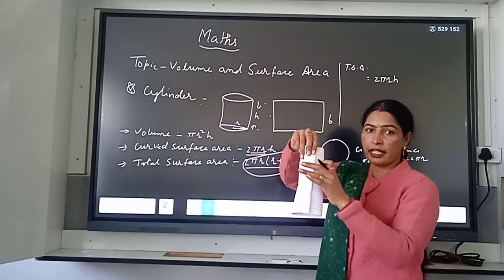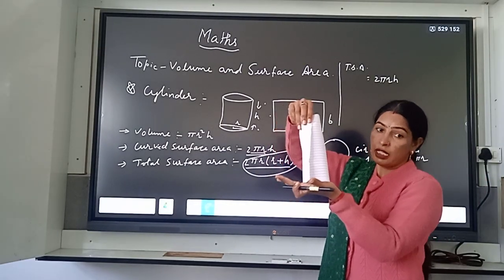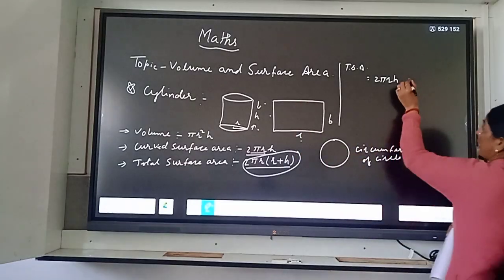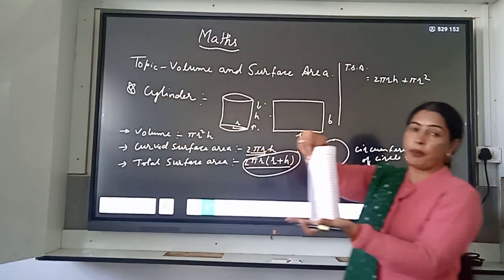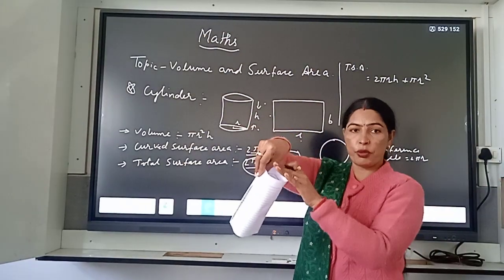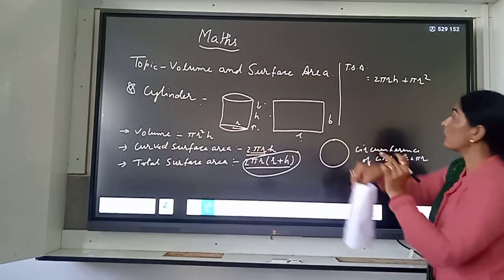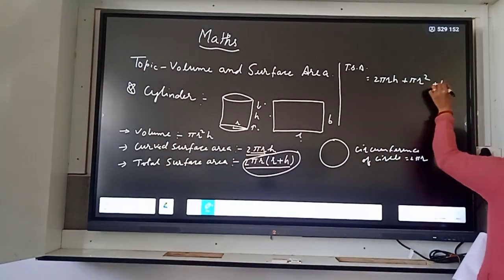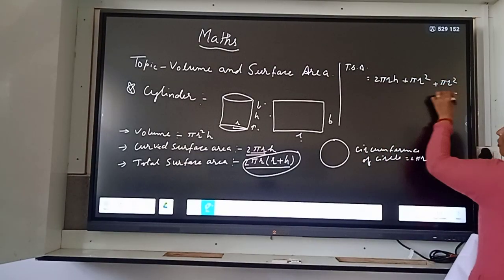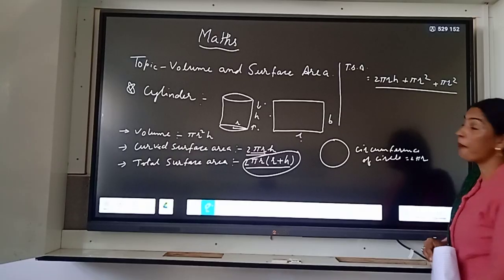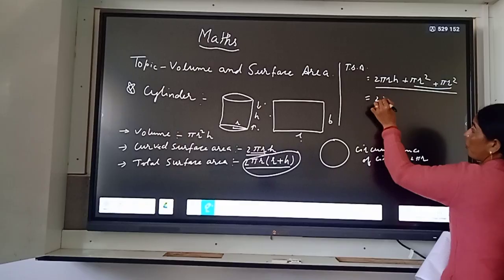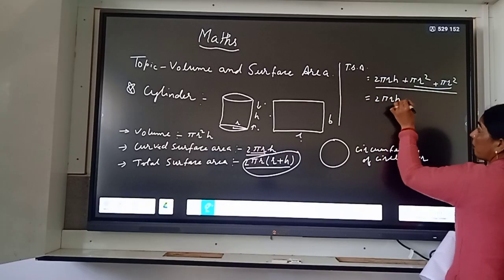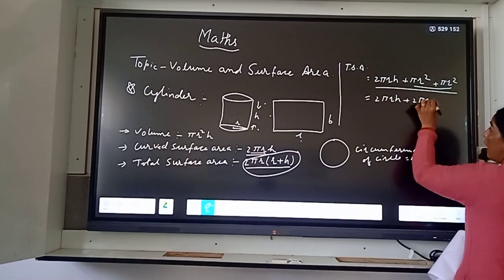And if we talk about this face area, the flat face means pi r square. Top and bottom are the same, so we write this also pi r square. Total surface area means adding all three faces' area. Now if we add, these are the same: 2 pi r h plus 2 pi r square.